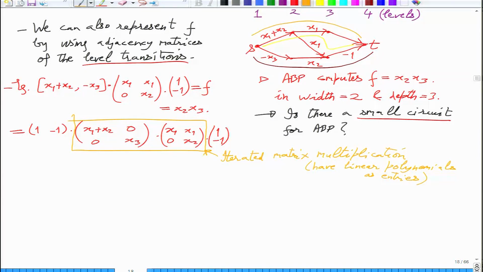Yeah, so you will be looking at only this subgraph. So inside this subgraph, you see a bipartite graph and the adjacency matrix for that. Okay, that is the x1, x1, 0, x2.